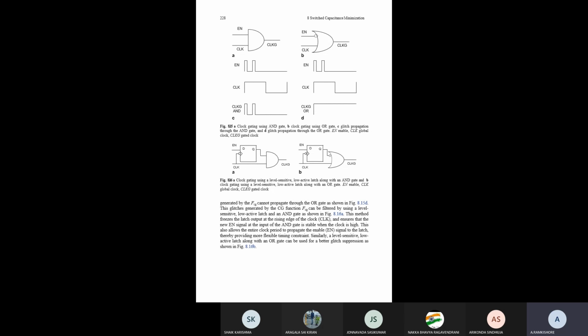So we use a specific functional circuit, and that generates an enable signal.